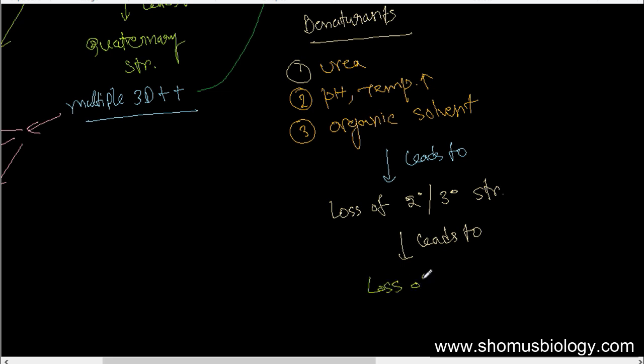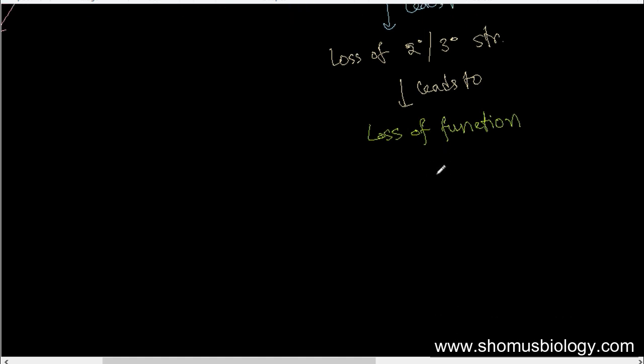Loss of function of a protein in our body. That protein will stop functioning due to this denaturation. Okay, most proteins cannot refold upon removal of the detergent. Remember that very carefully, okay, because this kind of loss of function is irreversible. Just put it in your mind.